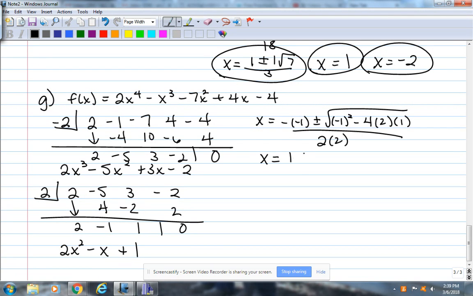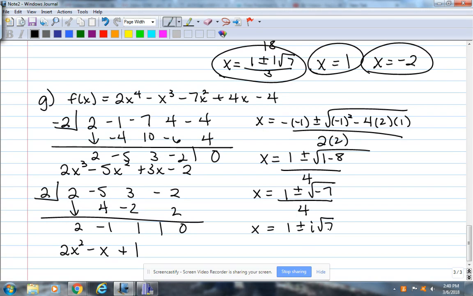So that makes +1 plus and minus the square root of 1 minus 8. Y'all, what is 1 minus 8? What do we have when we take the square root of a negative? An imaginary. So that's 1 plus and minus i radical 7.